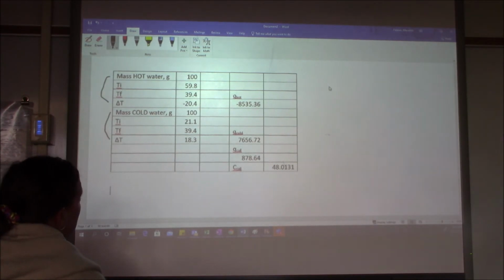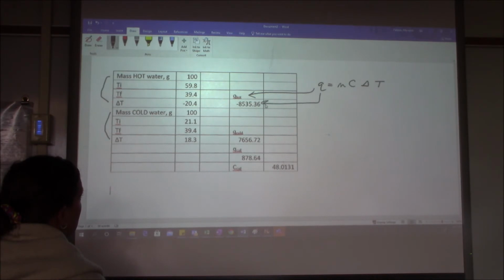What I need to be able to do is use my equation for Q, which is mcΔT, in order to calculate the energy that was released, that's here, by the hot water, and then eventually the energy that was absorbed by the cold water.